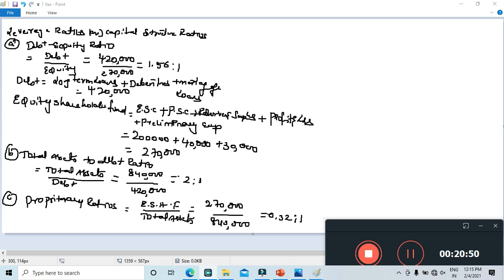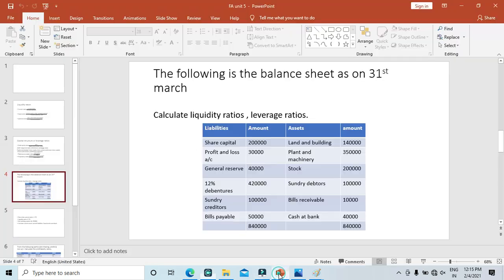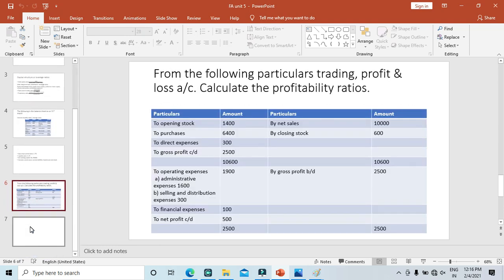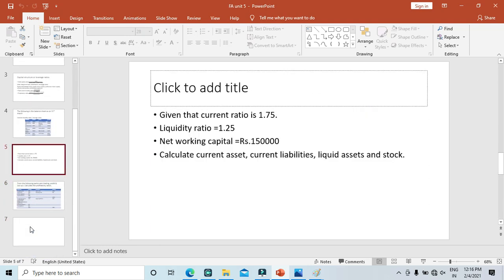So let's take that information. This question I'm going to write down. Current ratio has been given as 1.75. Liquidity ratio, this is also known as quick ratio, 1.25. Working capital, which is nothing but current assets minus current liabilities, has been given as 1,50,000.